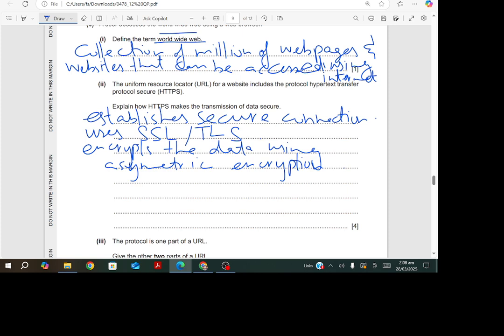Then we can also describe, because it says we have to explain, how asymmetric encryption is going to work. Data will first of all be encrypted using the server's public key and then decrypted using the server's private key.